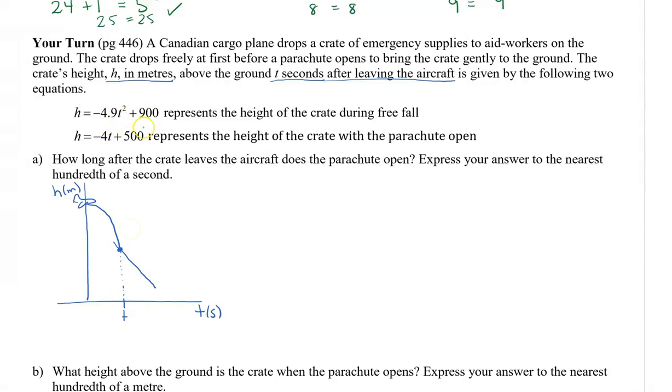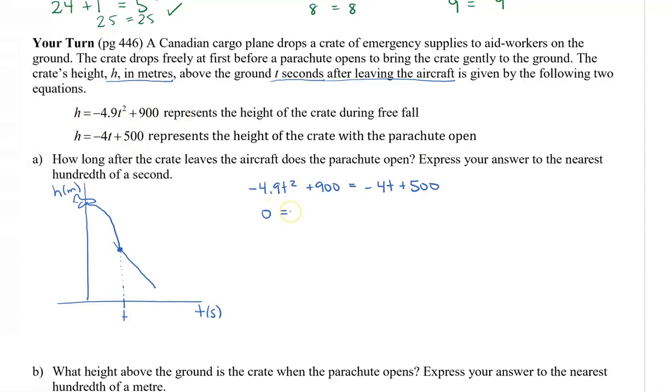So we have our 2 equations, and we're going to set them equal to each other. It's nice to use substitution since h is isolated in both equations. So I'm going to say that negative 4.9 t squared plus 900 equals negative 4t plus 500. And we can do this because they both equal h, so they must equal each other.